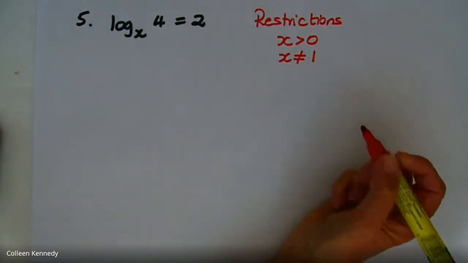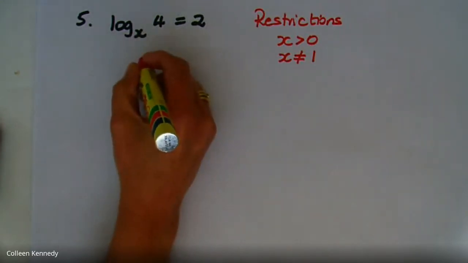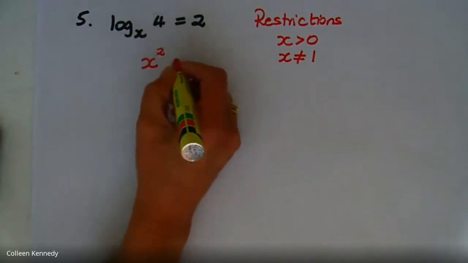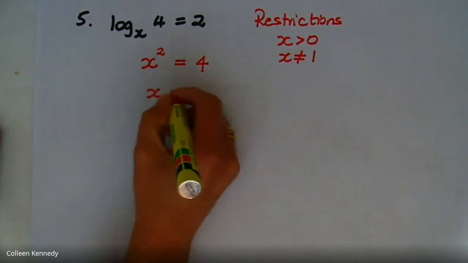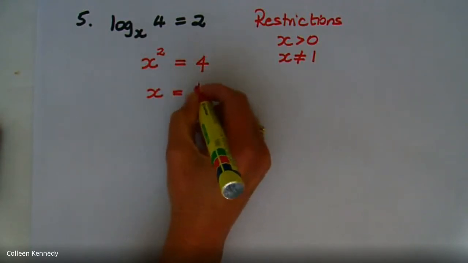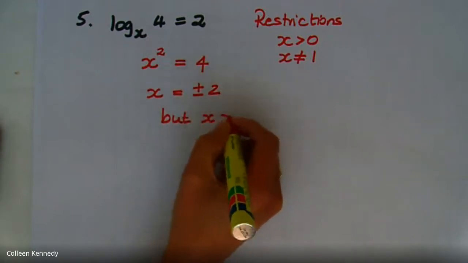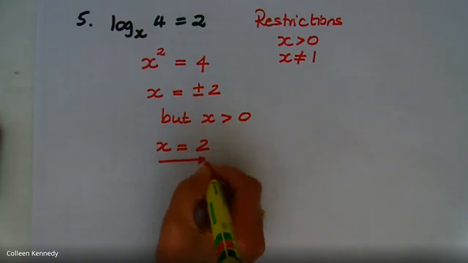Our base has to be positive, and our base can't be 1. Once again, we take it out of log form and put it into exponential form. So it becomes base to the exponent equals 4. So x equals, theoretically, plus or minus 2, but x must be positive, so x equals 2 only.